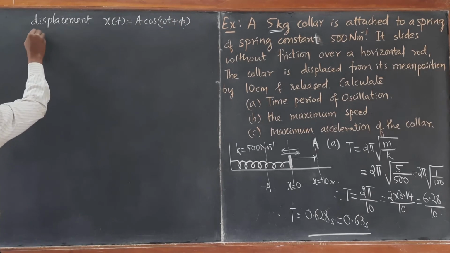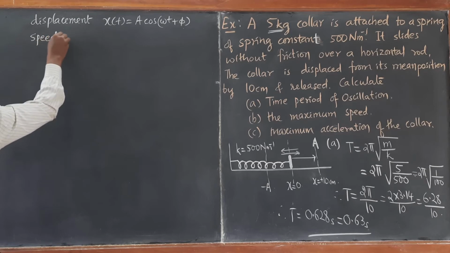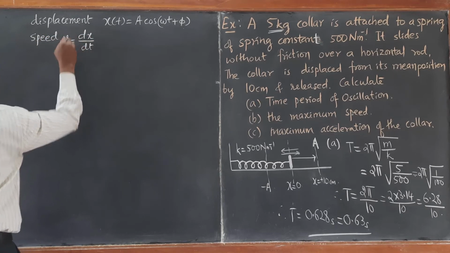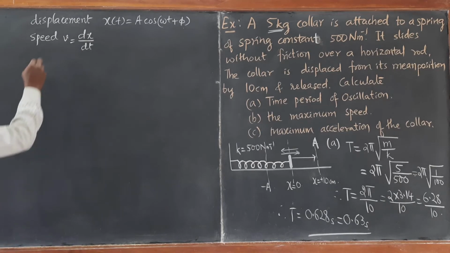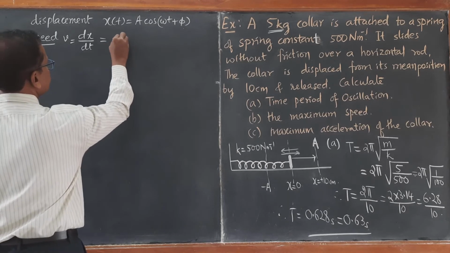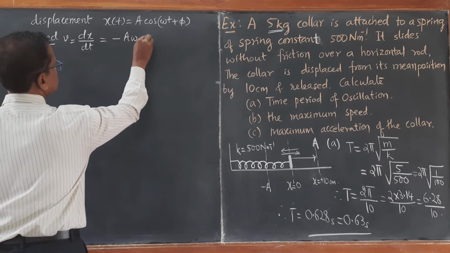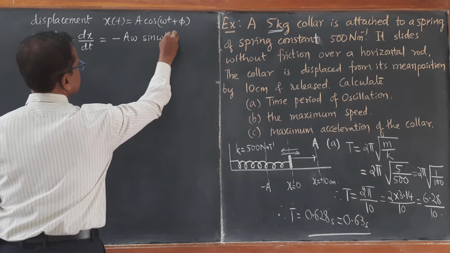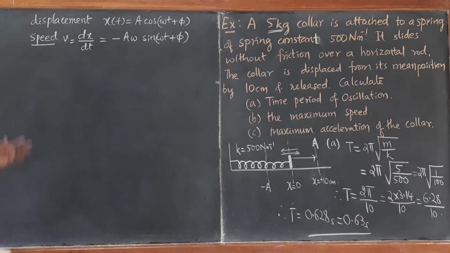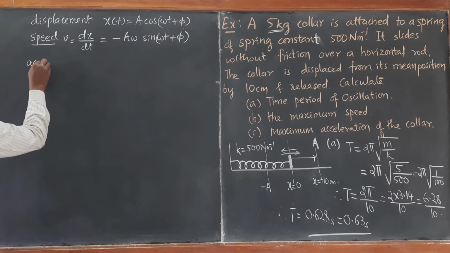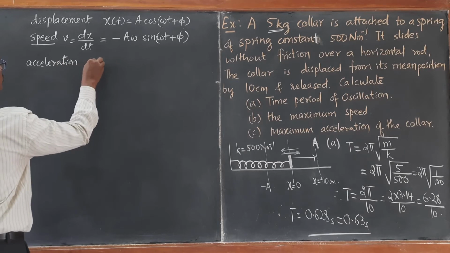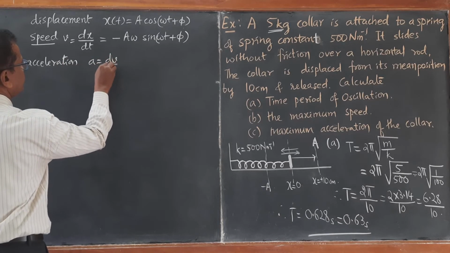So speed or velocity v is equal to dx by dt. When you differentiate this, it becomes minus A omega sin(omega t plus phi). We have done this already. And similarly, if you differentiate once again, we get acceleration, a equal to dv by dt.